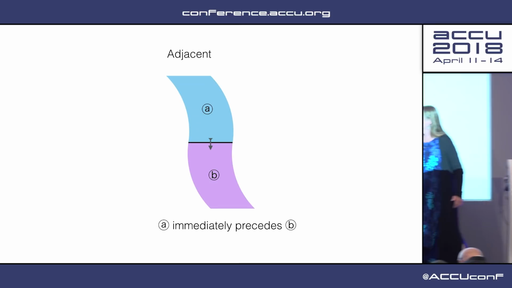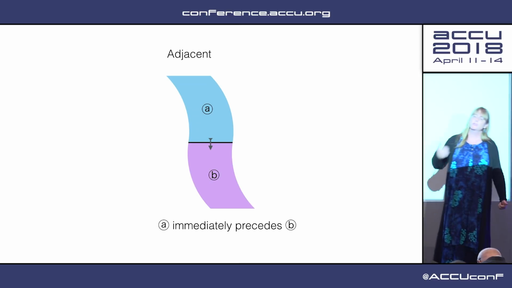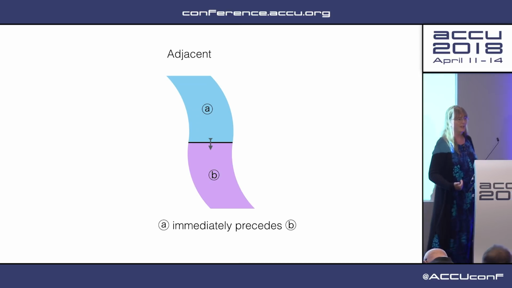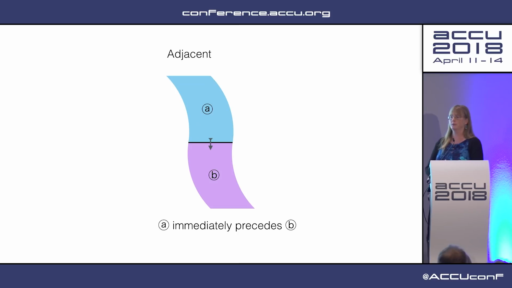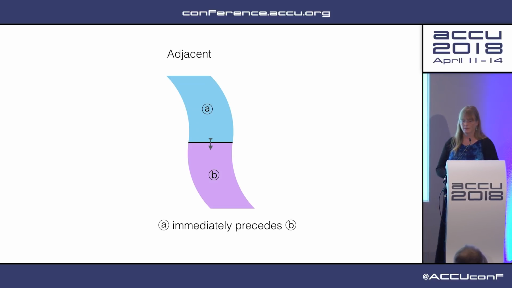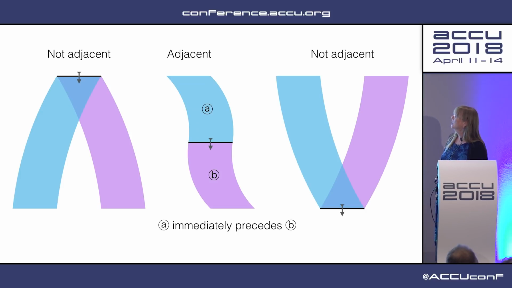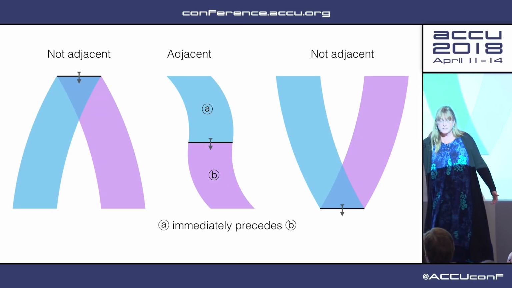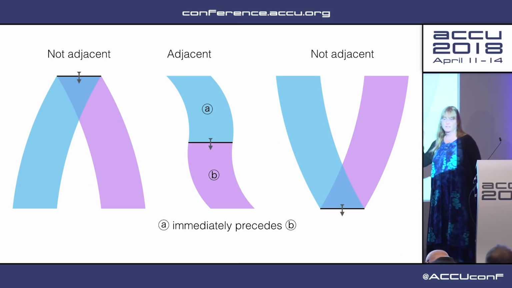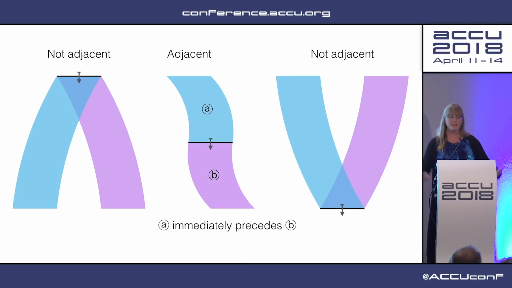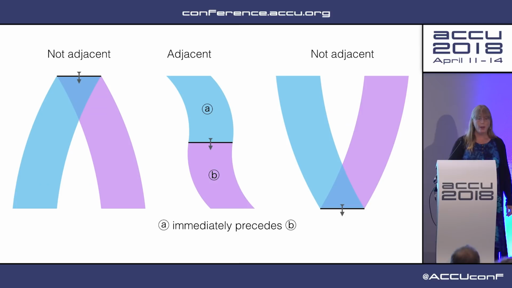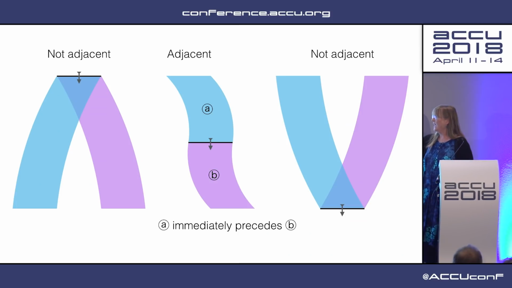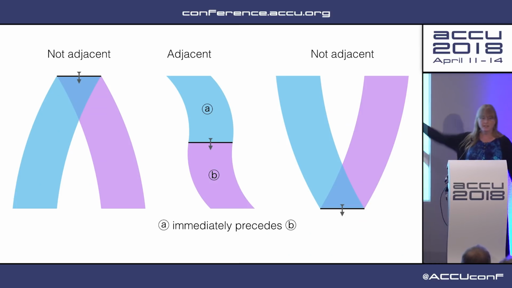So here, A precedes B because the forward closure of A intersects the backward closure of B. These sets are not adjacent in a bitopological sense. Sharing an entrance doesn't make you adjacent. Sharing an exit doesn't make you adjacent. To be adjacent, exit to entrance. And it's directional.